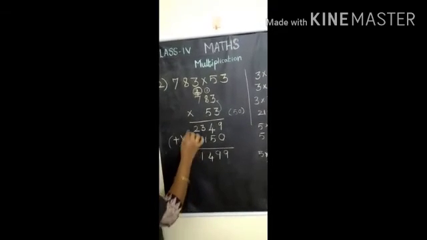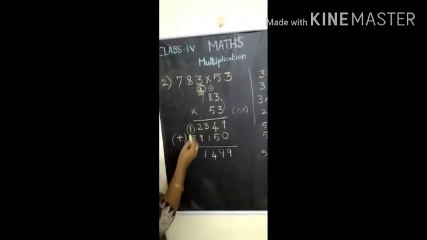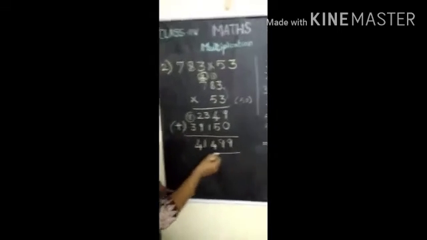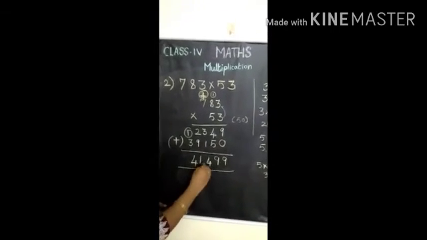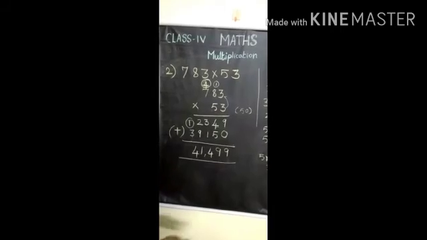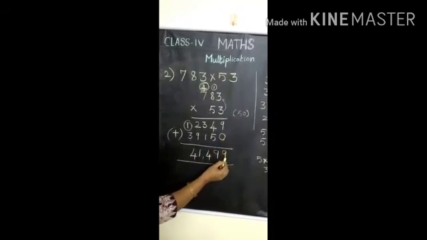So write 1, balance 1, carry over here. Then 1 plus 3, 4. The final product is 41,499. Clear children?